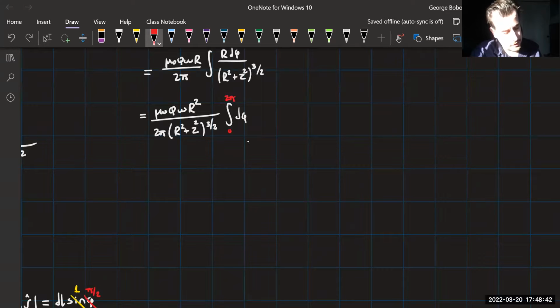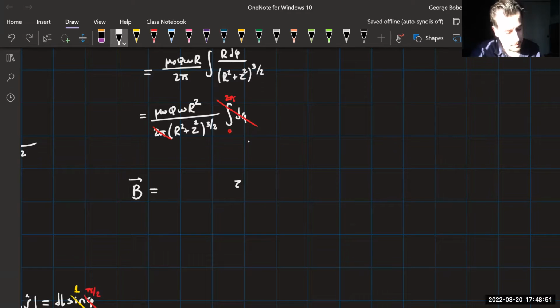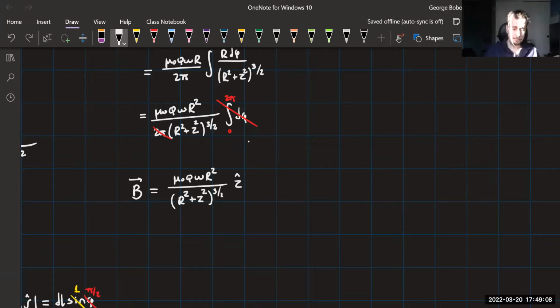So basically you cancel this and you get what your magnetic field strength is going to be. For the direction, we know it's going to be in the z hat. We did the symmetry. And so our overall result is mu naught q omega r squared over that weird square root thing on the bottom. And that's it. That's the magnetic field of the ring.